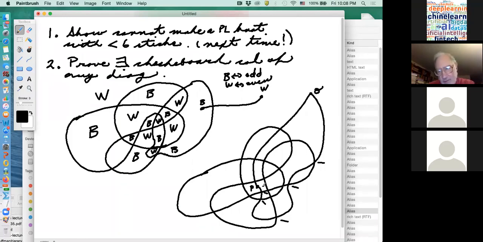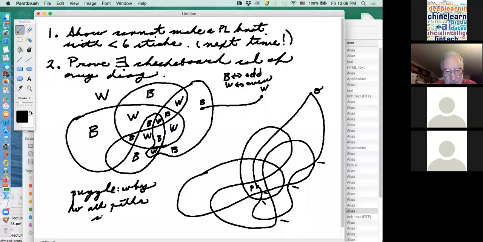So now you're left with the question, how do you know that the different paths will always give you the same parity? So I leave you with that question, and I'm going to give you a different proof, okay? So the puzzle to solve is why do all paths yield the same parity? So I exchanged one problem for another.